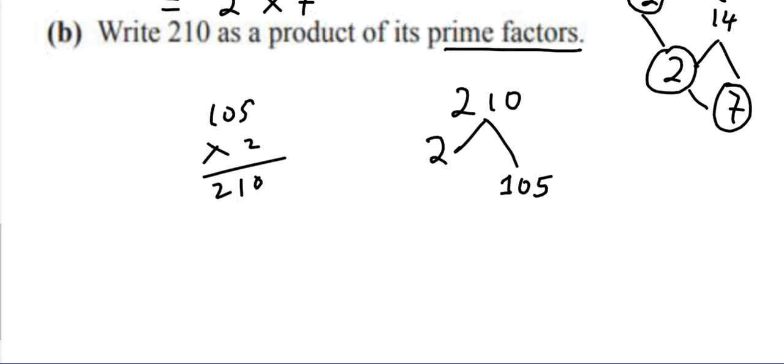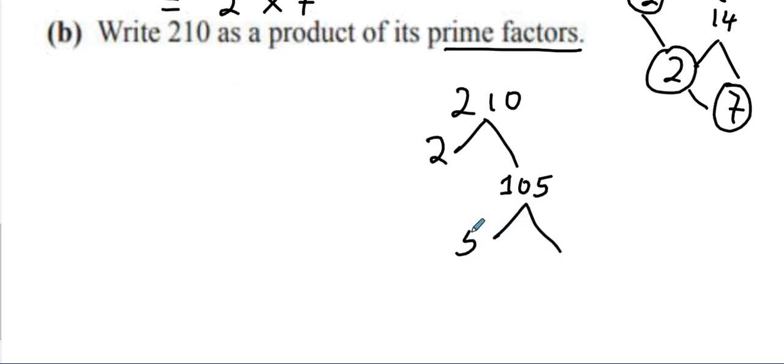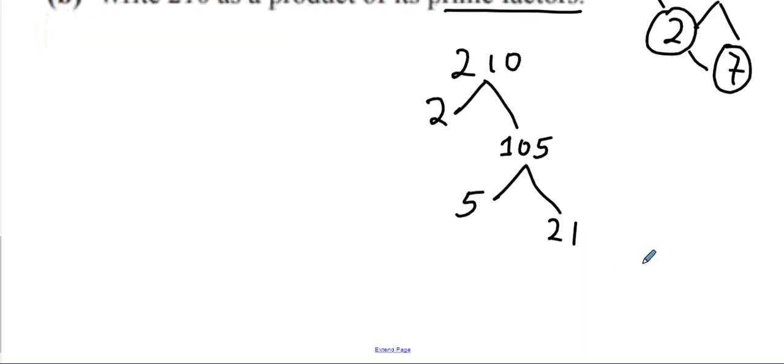Yes, that is 210. Now this will be divisible by 5, and the answer becomes 21. See that? 21 times 5 will give you 105, and this will be divisible by 3, and this is 7.